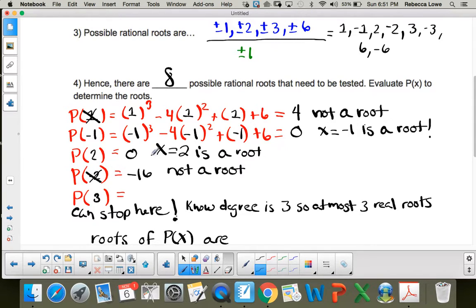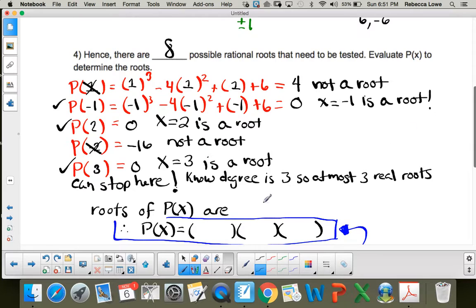I do that also for 3. P of 3 happens to be 0. So x equals 3 is also a root. I can stop here because I've already found 3 real roots, and the degree is 3. So that's the most number of roots I can have, period.